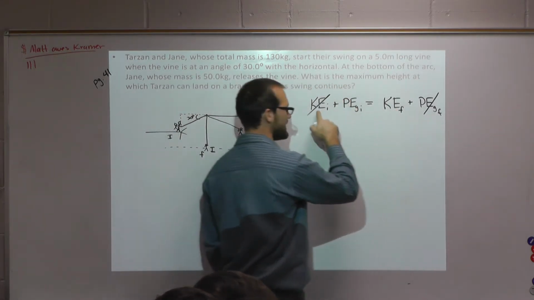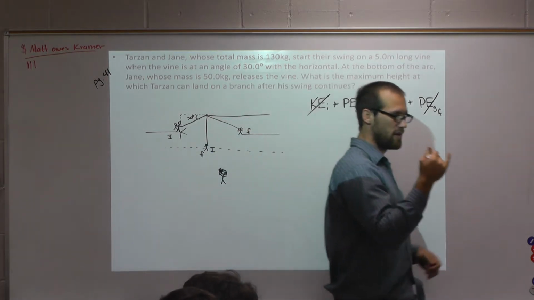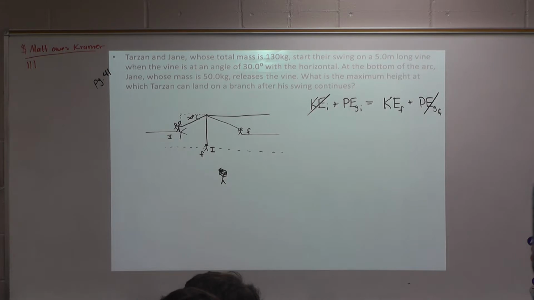The reason why this is zero is because, here's the thing we have to understand. Kinetic energy is 100% based on whether you're moving or not. Kinetic energy is energy in motion. If you're not moving, you have no kinetic energy. If you are moving, you have some kinetic energy. Second, potential energy is all based upon how high you are above the ground or whatever your zero level is set at.